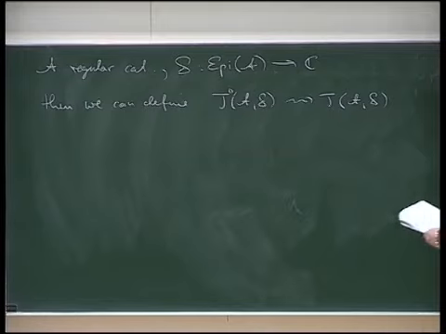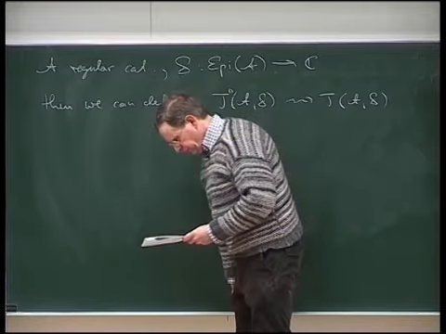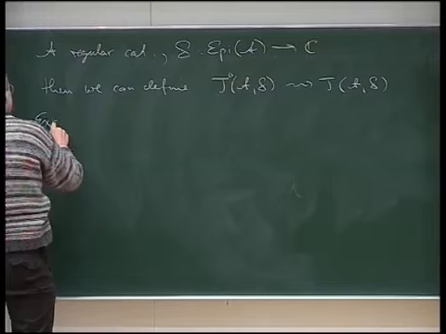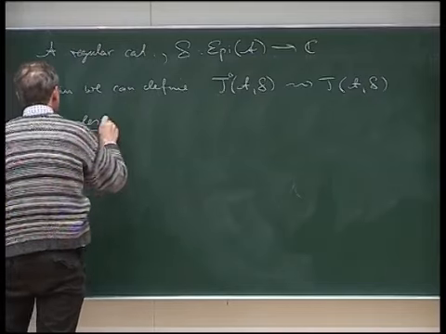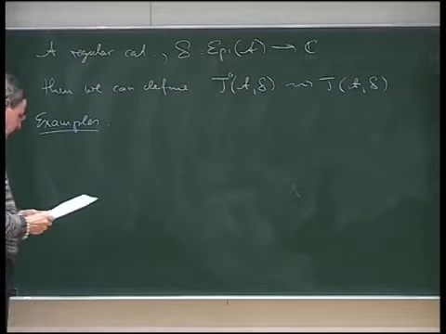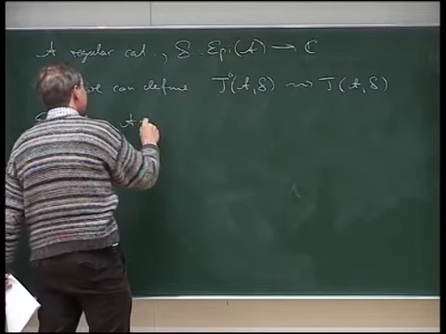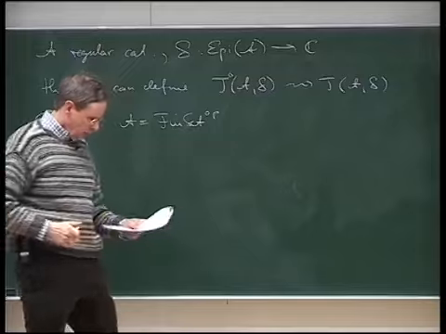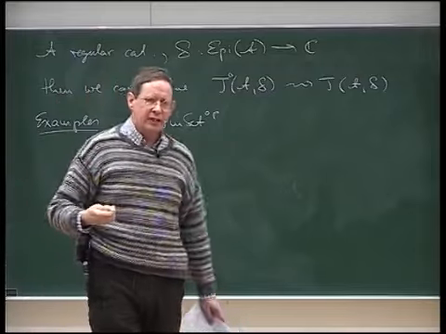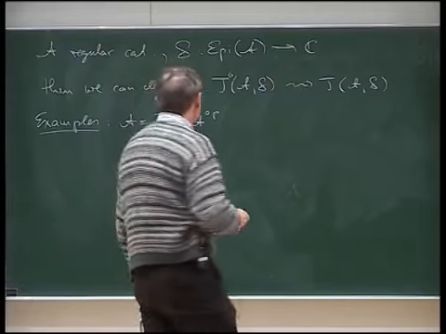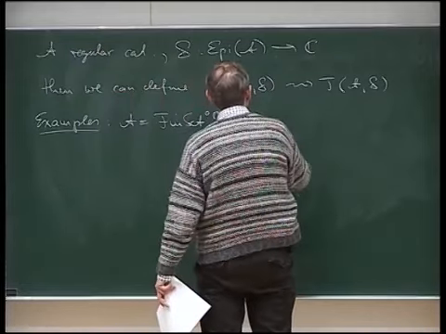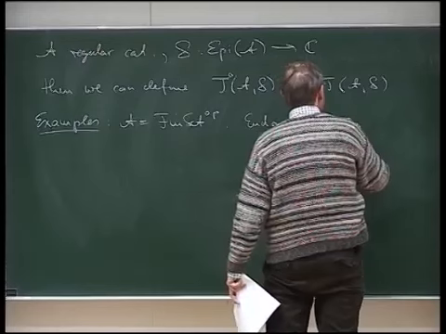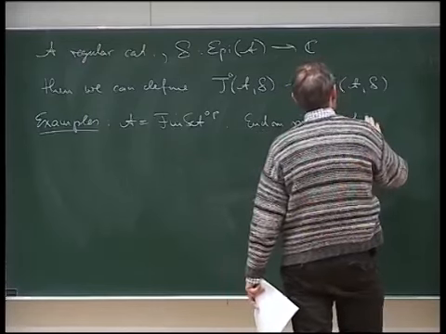Let me give you some typical examples. As I said, if you take A equals Fin Set op, then the endomorphism rings are the partition algebras, as explained before.